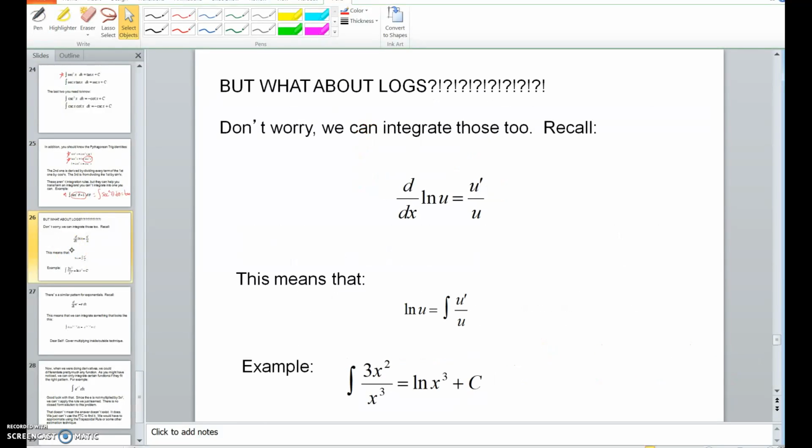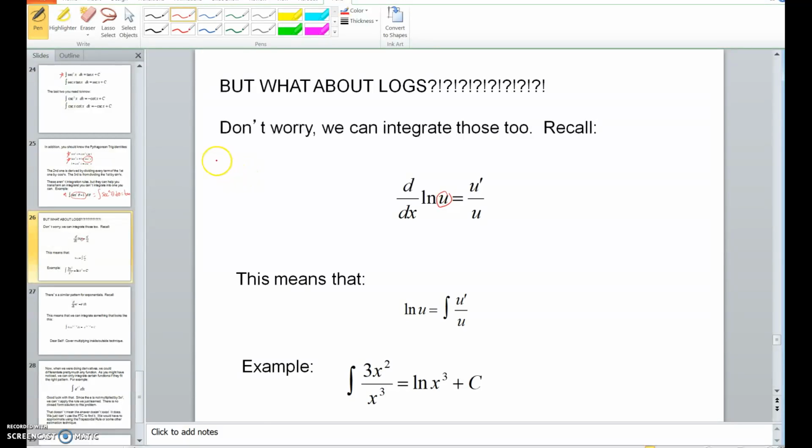Okay. Moving on to logs. So if you remember, when we were taking the derivative of logs, the way to take the derivative of a log was to take the derivative of whatever was inside the log function and then divide it by what was inside the log function.